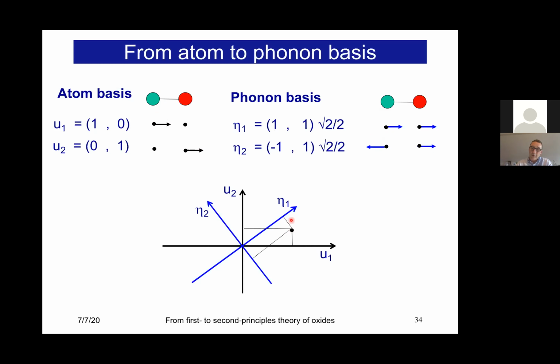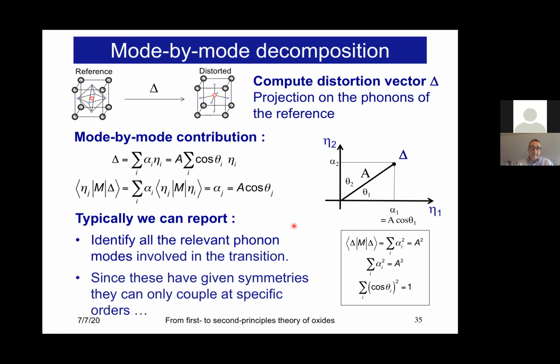And that's what I mean by working within the phonon basis. I will say that reaching this point here means that I have activated the first phonon with a given amplitude and the second phonon with another amplitude here. And you see these two bases are equivalent, but working within the phonon basis, we will see later, is quite interesting.